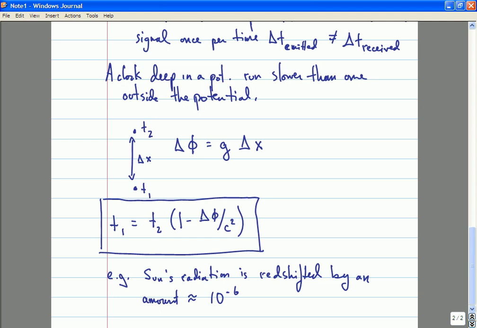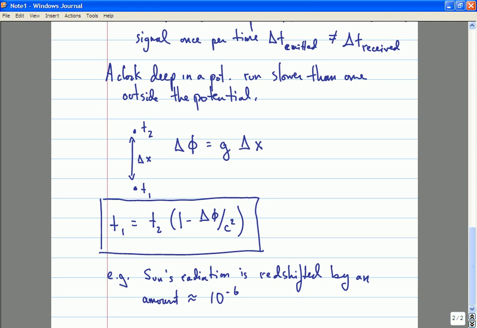And this is quite well observed, by people who look at the detailed spectra of the light emitted from the sun. There are certain features of that spectrum, such as lines, which you can see are actually shifted by a tiny amount relative to what one would expect.